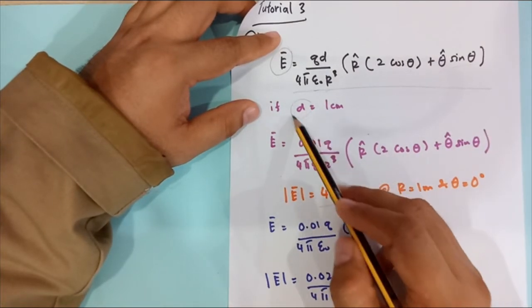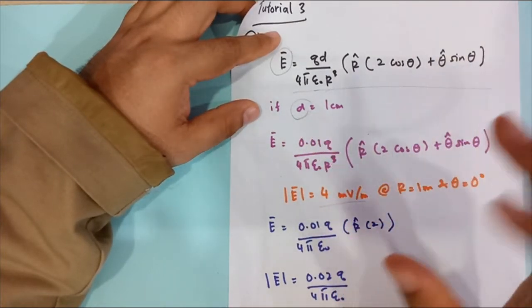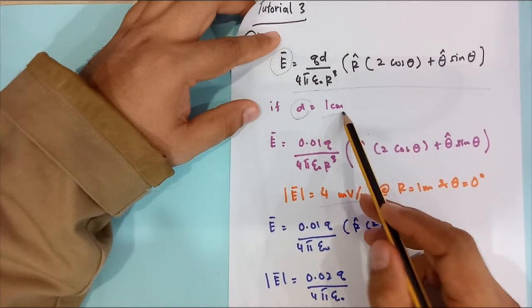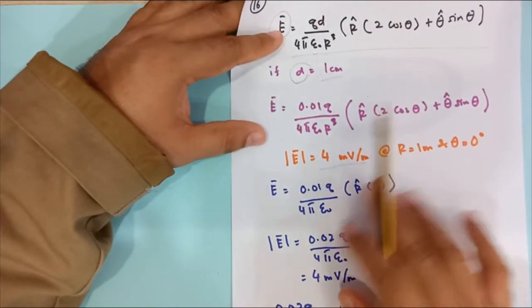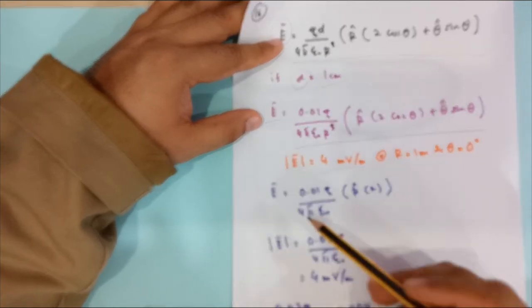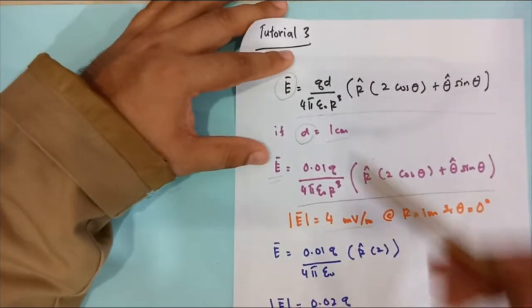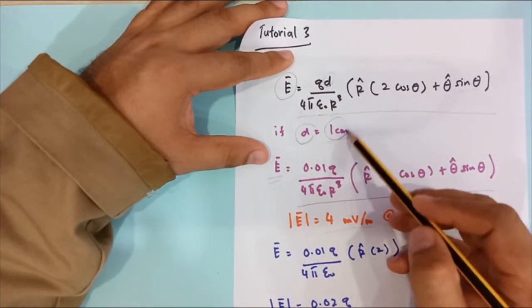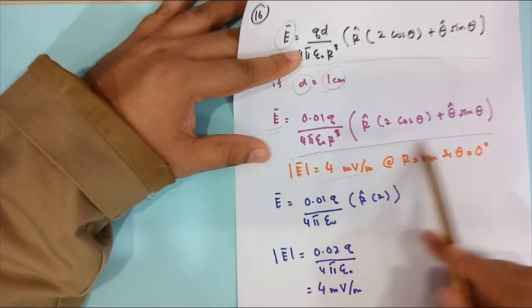If d, which represents the distance between both charges, is equal to 1 cm, the expression for vector E is given by this formula. So we just replace d with 1 cm, and then we have this expression.